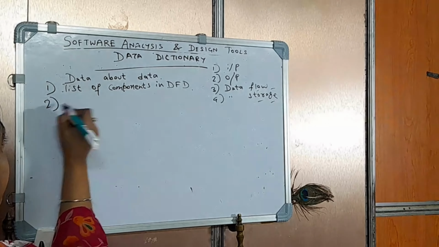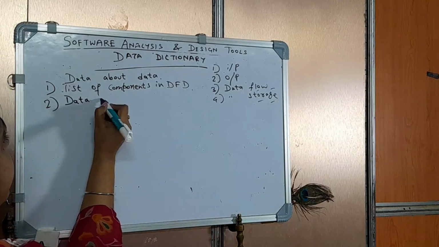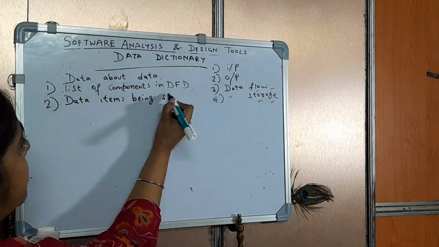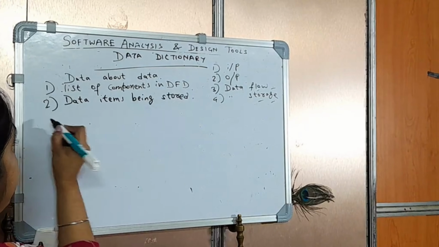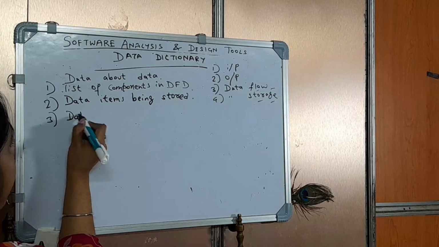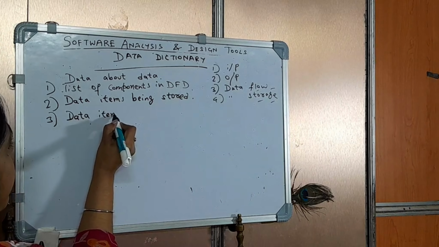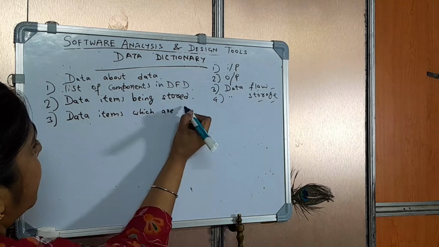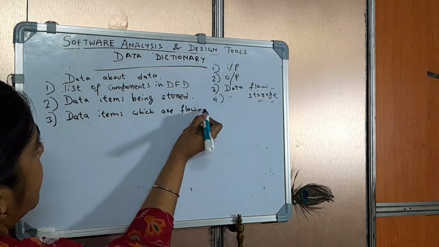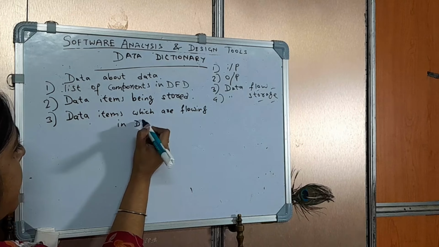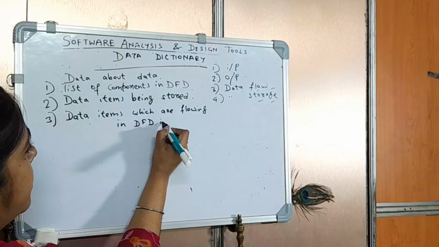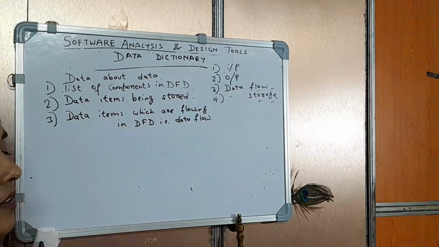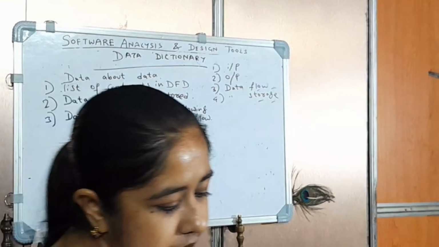The data items being stored, and the data items which are flowing in the DFD, that is your data flow. What data is going to flow is also included in this.